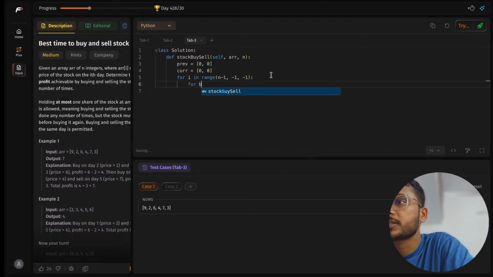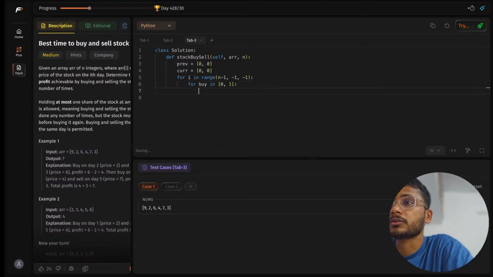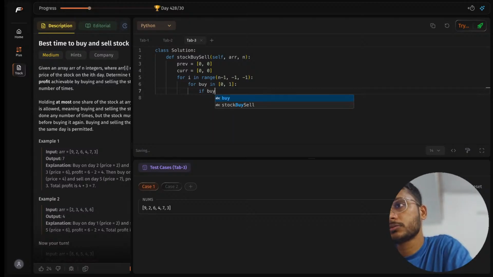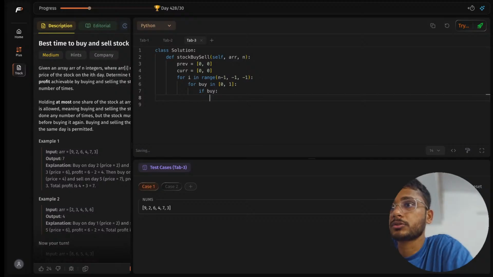Okay, so let's say buy, for buy in 0 and 1, it's better, I will use it like that. If buy, what are the options?